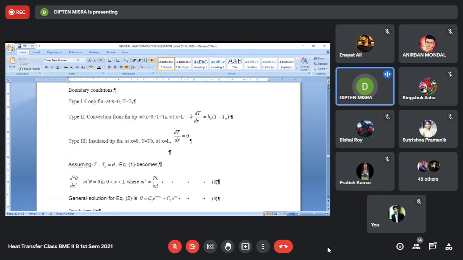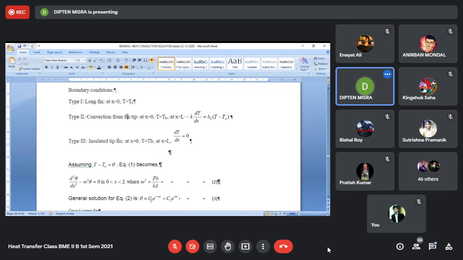If theta equal to c1 into e to the power minus mx plus c2 into e to the power mx, then what is d theta dx? Then d theta dx will be equal to c1 into minus m into e to the power minus mx plus c2 into plus m into e to the power mx.